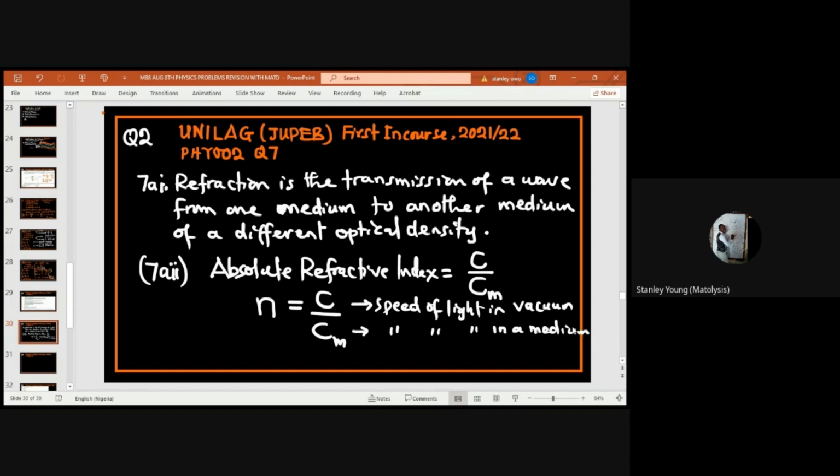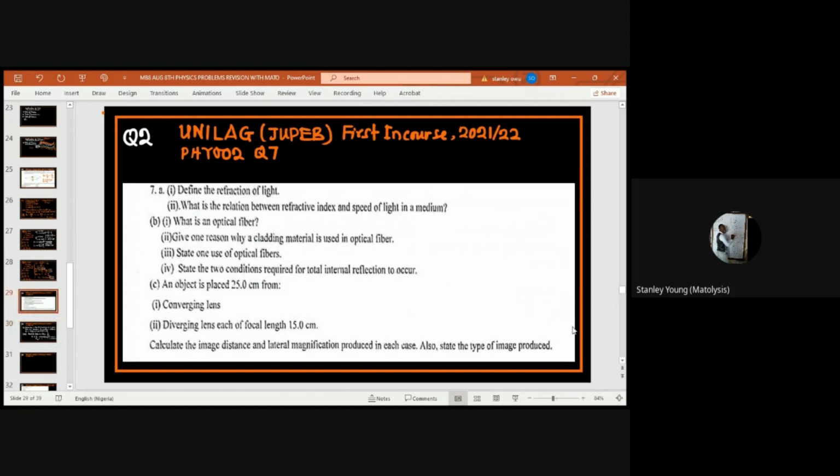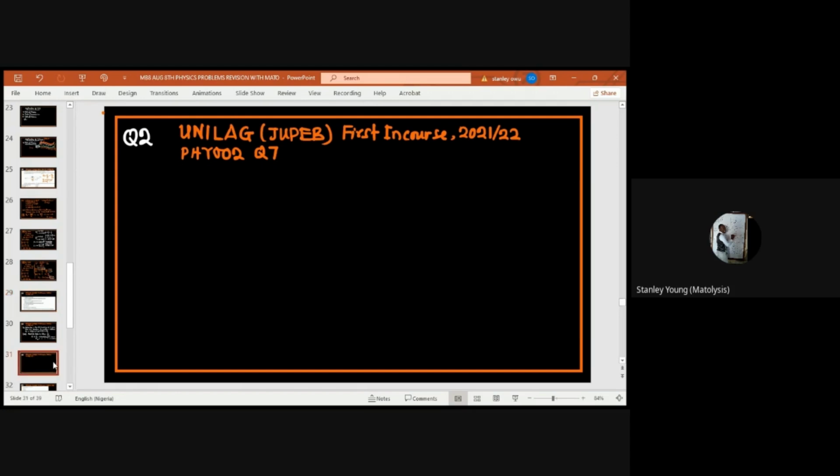Okay. Next question says, what is an optical fiber? That's B from our figure 1. I explained a bit of this before.